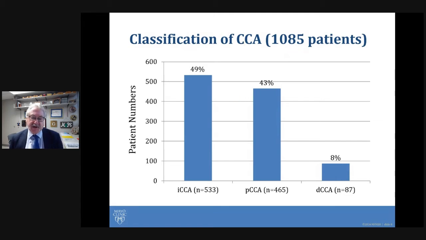These are unpublished data given to me by Dr. Lewis Roberts. And you'll note that roughly 49% are intrahepatic, around 43% are perihilar, and 8% are distal cholangiocarcinoma. This would be the representative breakdown, where about an equal number of cholangiocarcinomas are either intrahepatic or perihilar, and a small subset are distal.